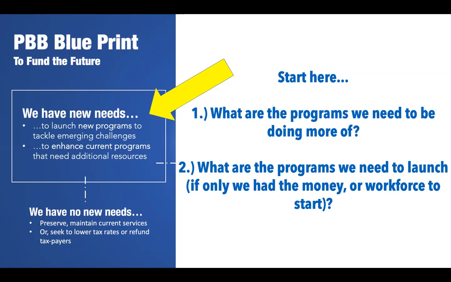It only makes sense to talk about reallocating resources if we know what the positive benefit is going to be. If we could free up that money, what are we going to get into? It has everything to do with focusing in on those results in your strategic plan and asking, okay, what are the new programs we need to be providing, or what programs do we currently provide that need growth for the improvement of our community?